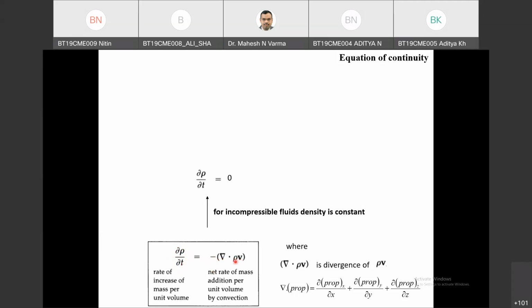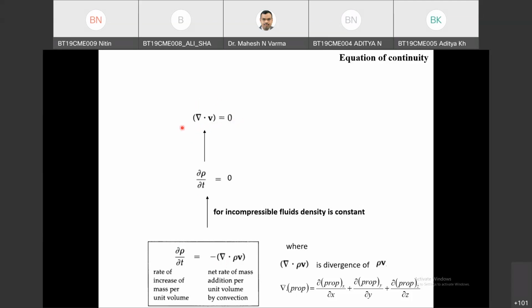So what will be the equation of continuity for incompressible flow? This will be 0, and I can take the density outside the del operator and rearrange the equation. So what equation will I get? Del dot V equals 0.